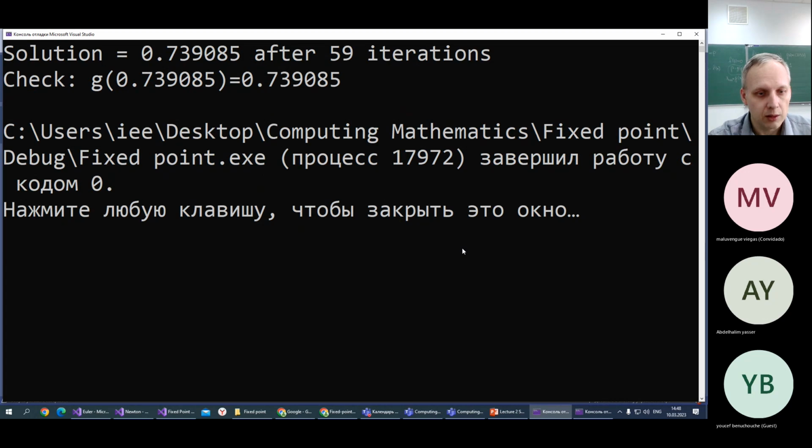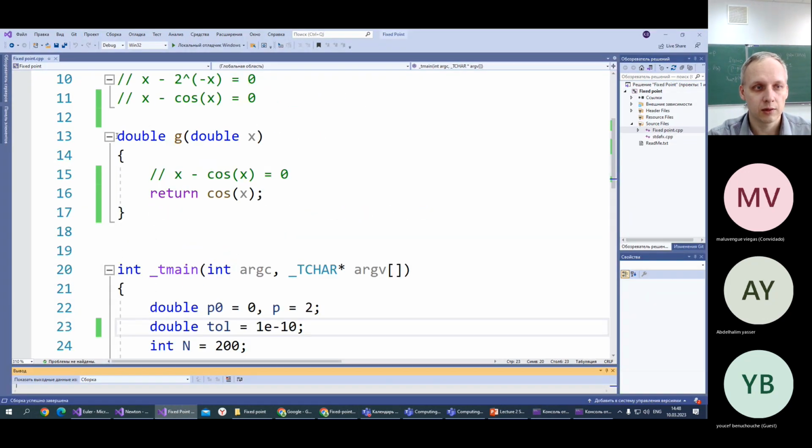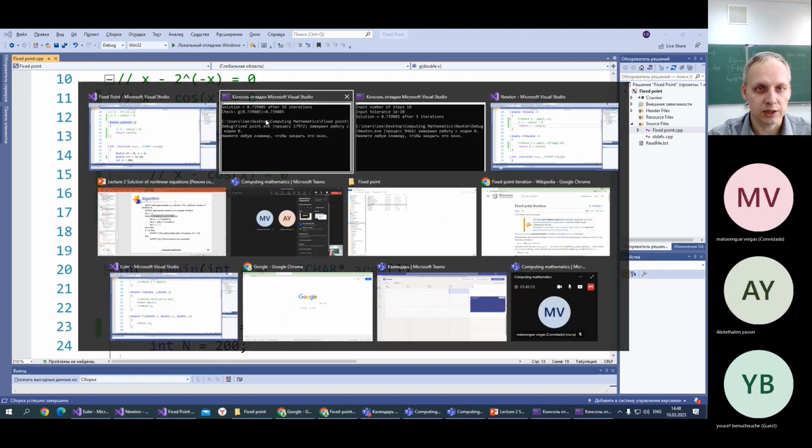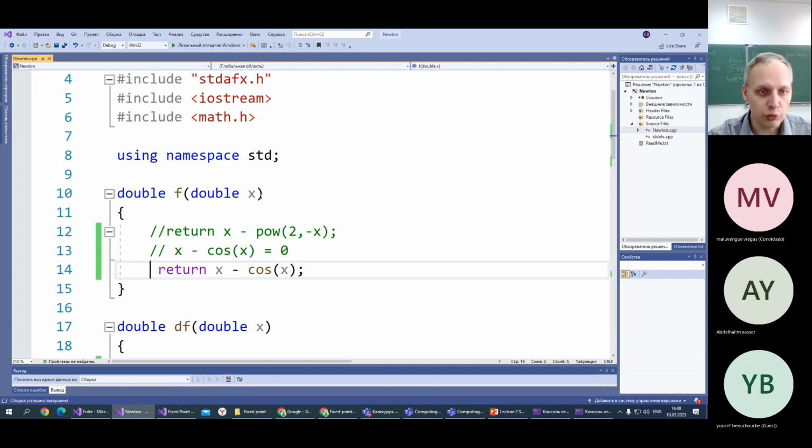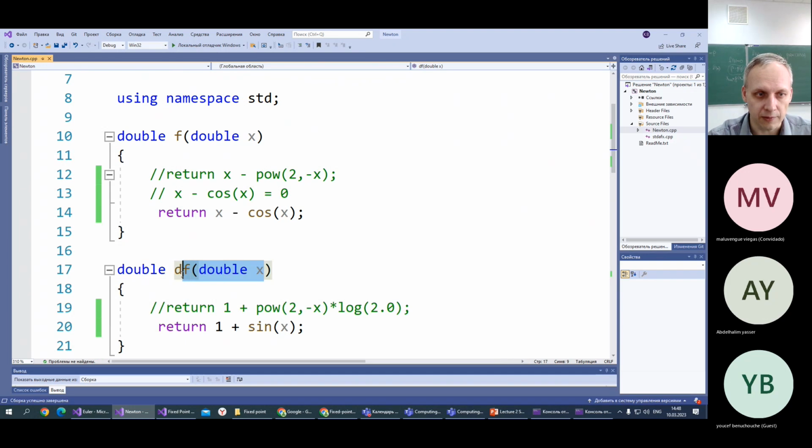Why? Because the Newton method uses the first derivative, and the fixed point method doesn't. The fixed point method uses only a function value, g of x. But when we apply the Newton method, we should compute a function and a derivative of the function.